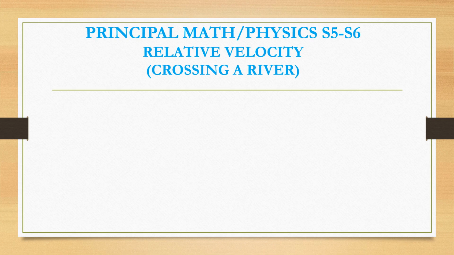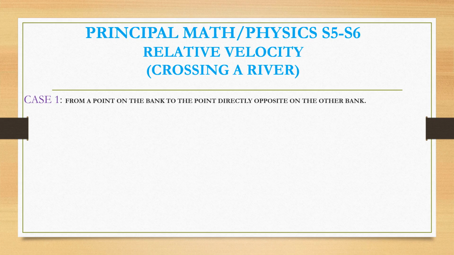Another thing, what will be the time taken for him to travel from one bank to the other bank that's directly opposite to him? So today we shall look at case 1, whereby a person is from a point on one bank and is to move directly opposite to him on the other opposite bank.